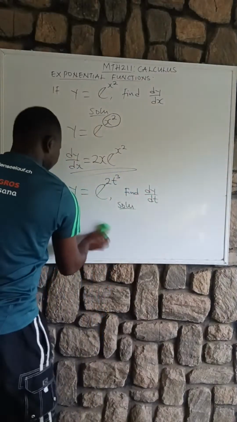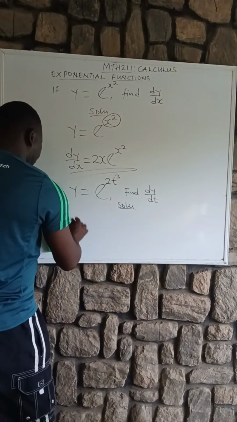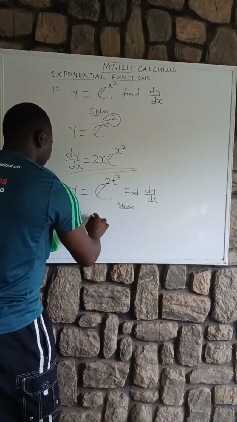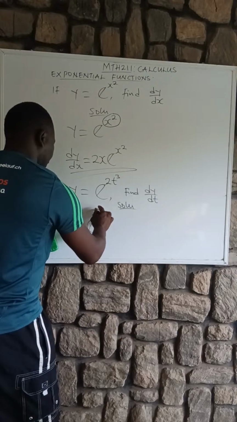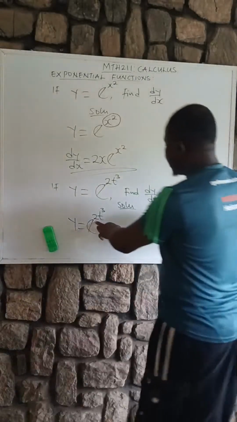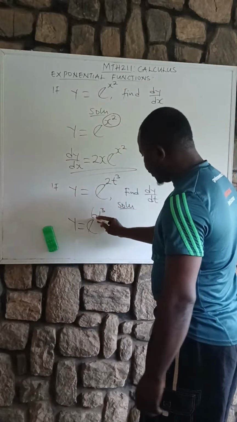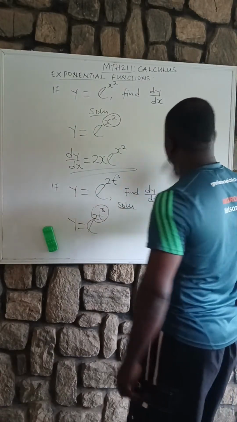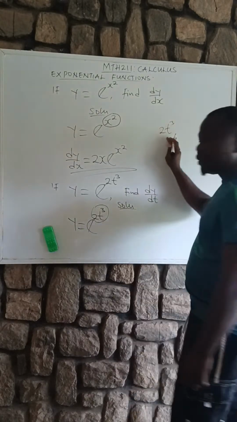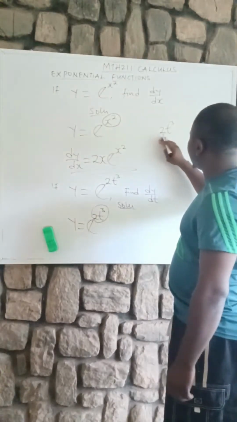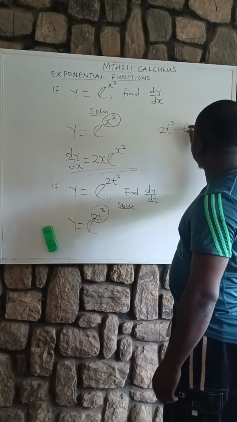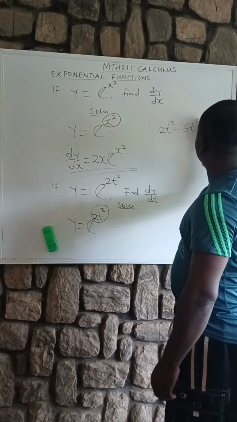Okay, what are we going to do here? This is when we write it out. y is equal to exponential 2t raised to the power 3. So if I were you, just focus on this. So ordinarily, if you differentiate this function, you are going to have 6t raised to the power of 3 minus 1.